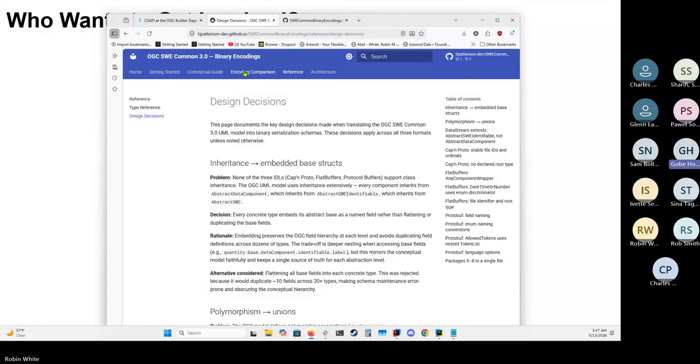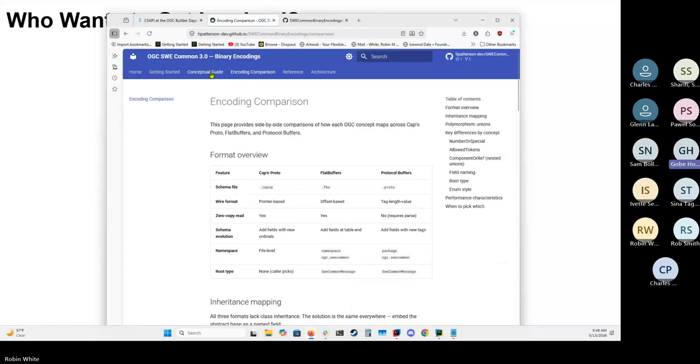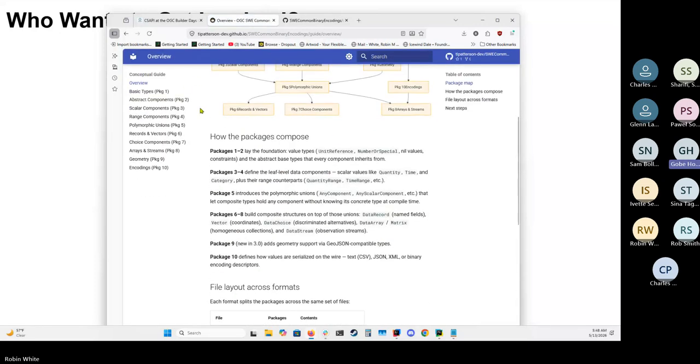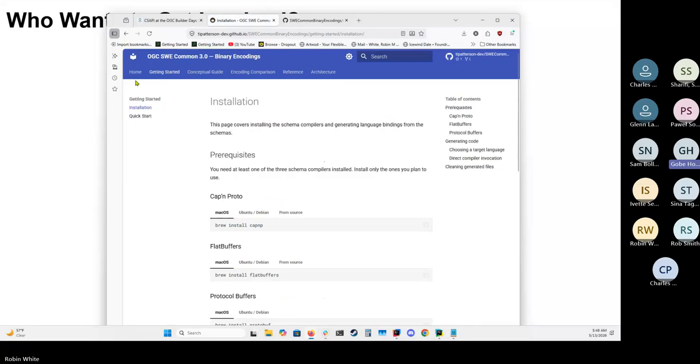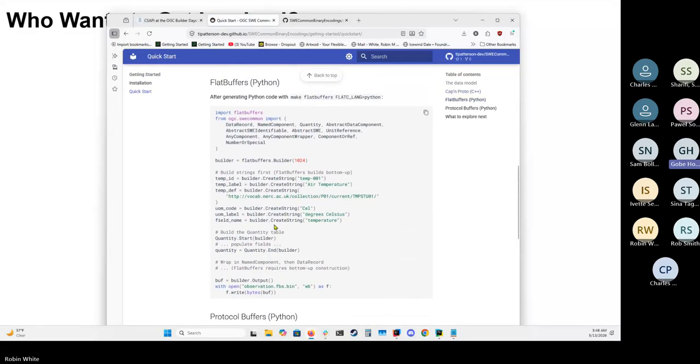Okay, so at the moment, you're looking at this primarily from the perspective of SWE Common. I'm just wondering about what implications there might be for SensorML as well. Whether there's a use case that might require binary encoded SensorML and even a benefit, right?